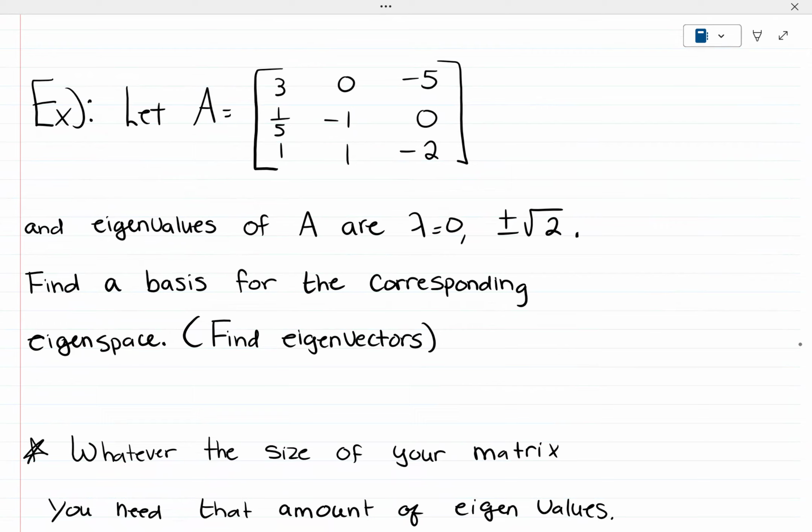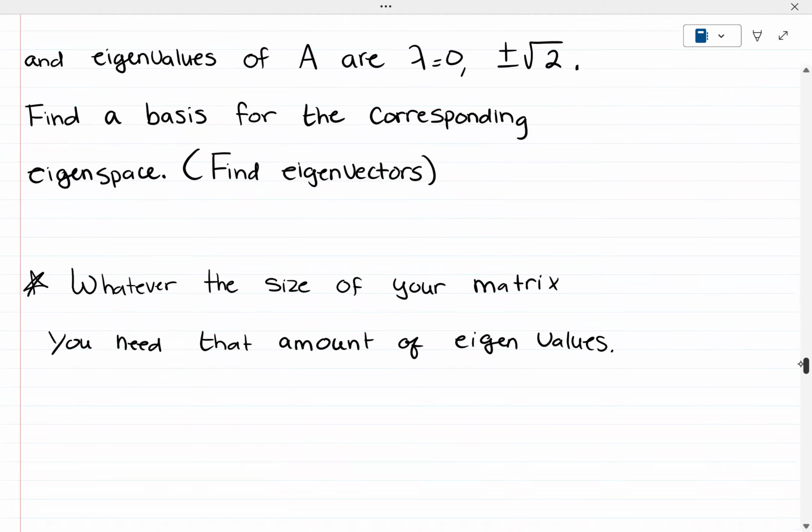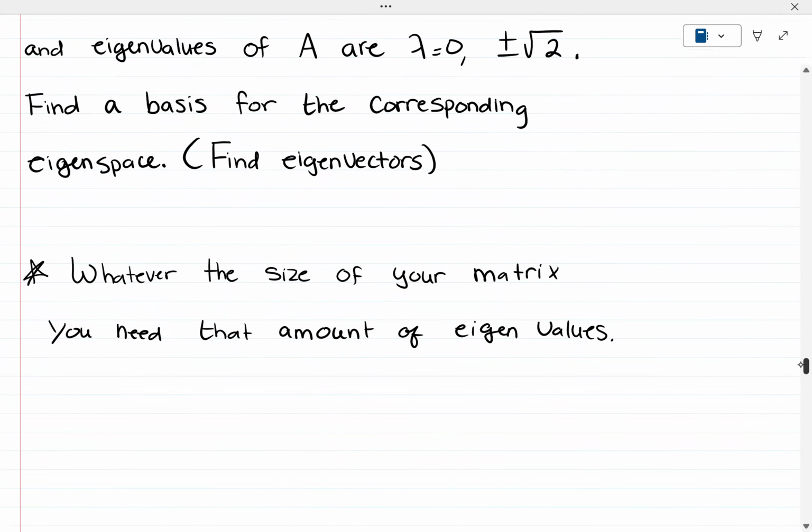Find the basis for the corresponding eigenspace. Basically, find the eigenvectors. Then there's a keynote: whatever the size of your matrix, you need that amount of eigenvalues.